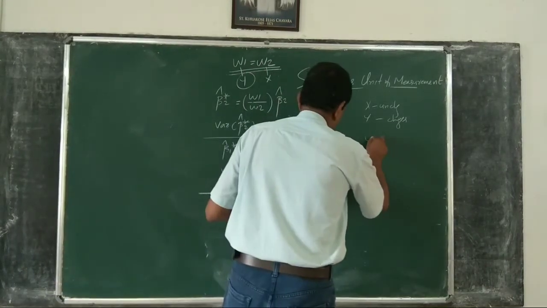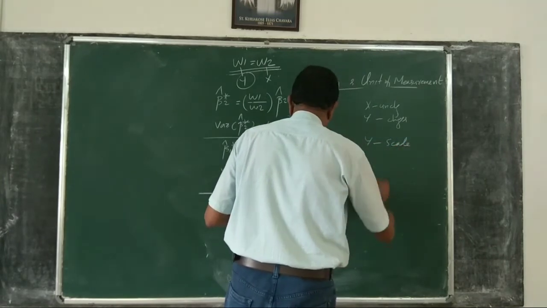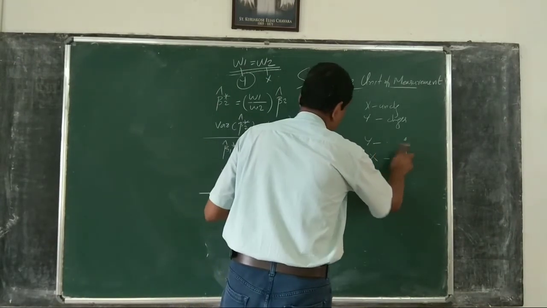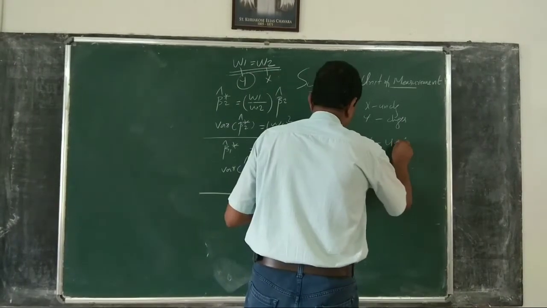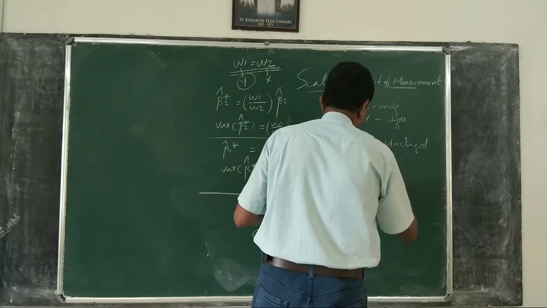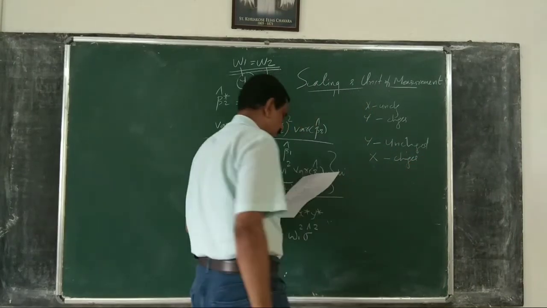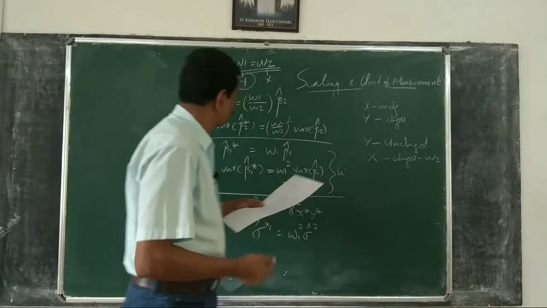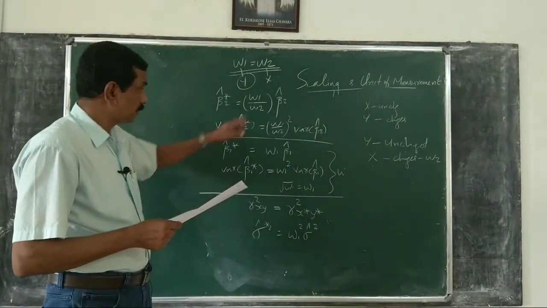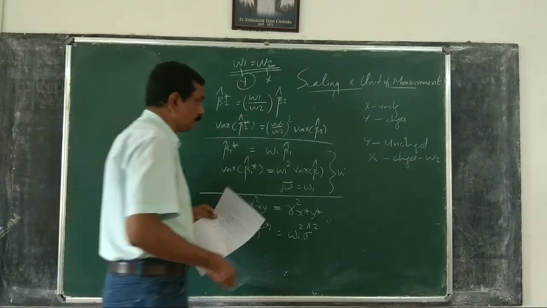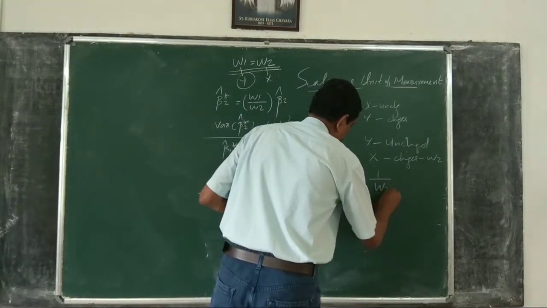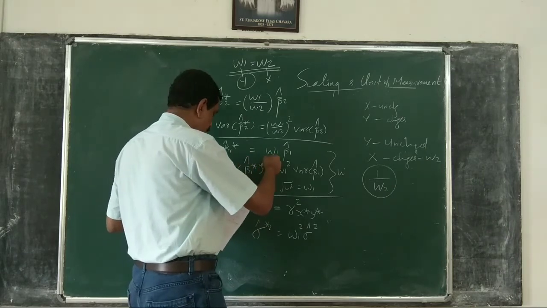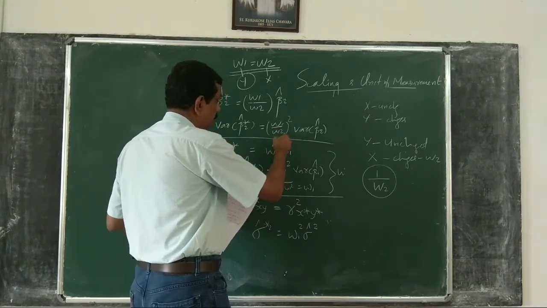If Y scale is unchanged and X changes by, say, W2, then we will see that the slope and standard errors are multiplied by 1 by W2.